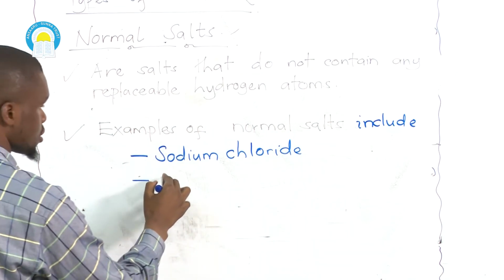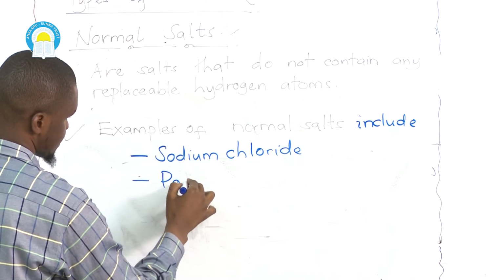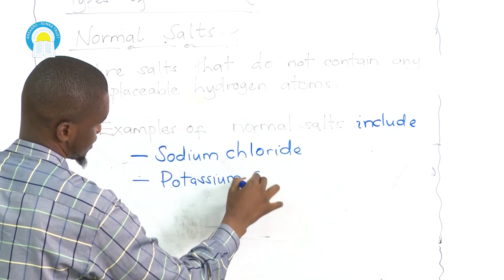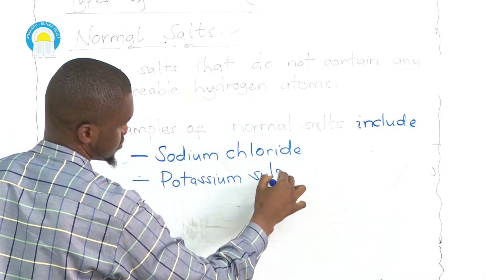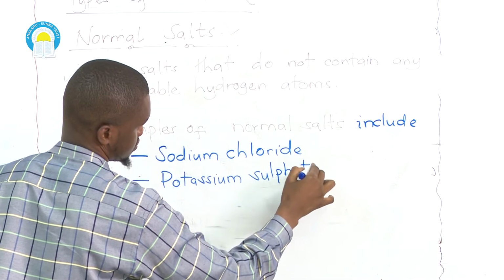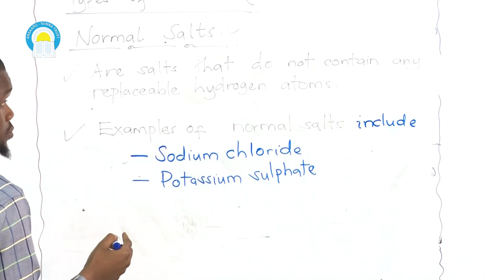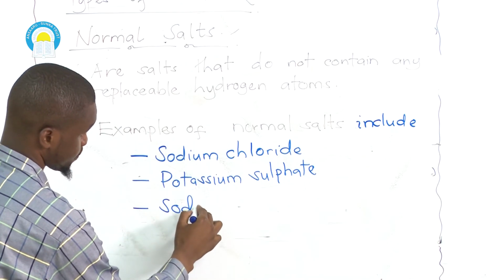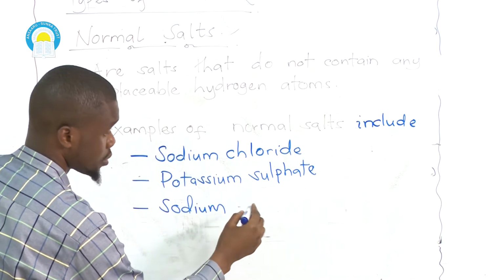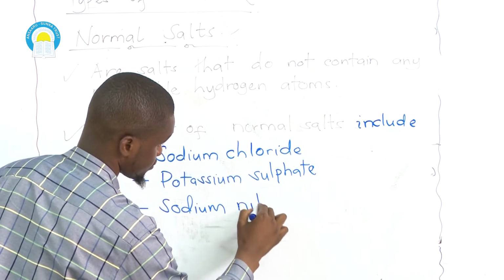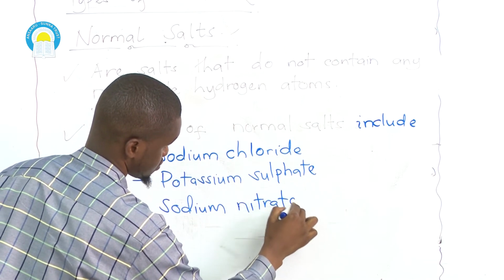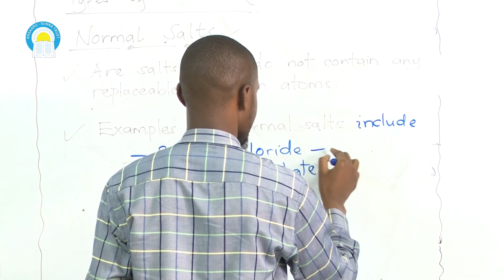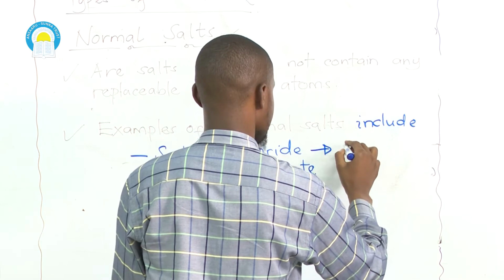Also include potassium sulfate. So we could also talk about sodium nitrate. If you look at the formulas, you will discover there is no replaceable hydrogen.